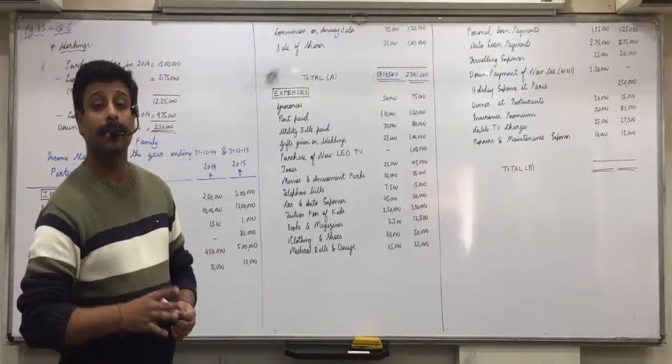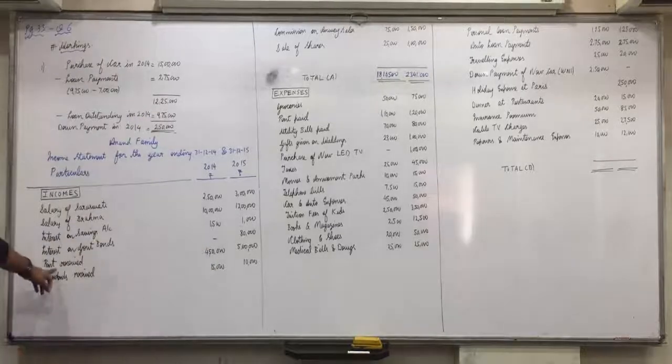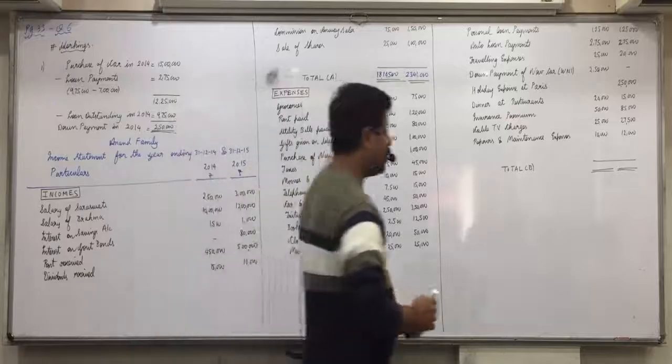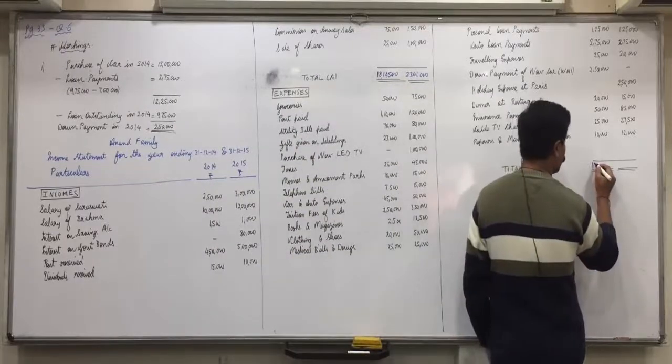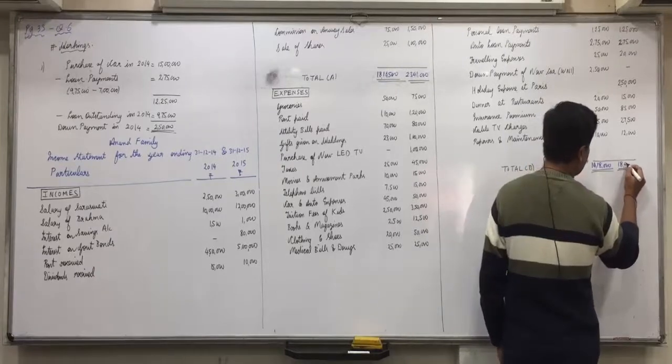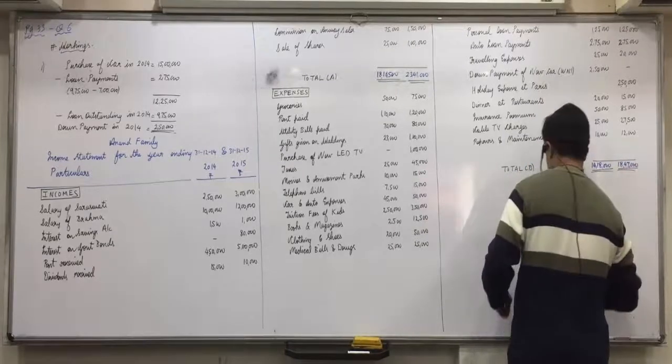Rent receipt is included in incomes. Okay. Any other confusion? Yes, how much is it coming to? 14 lakh, 18,000 and? 18 lakh 47,000.